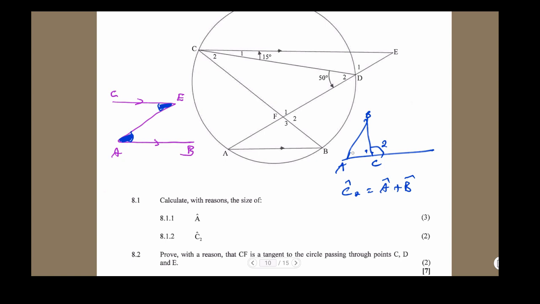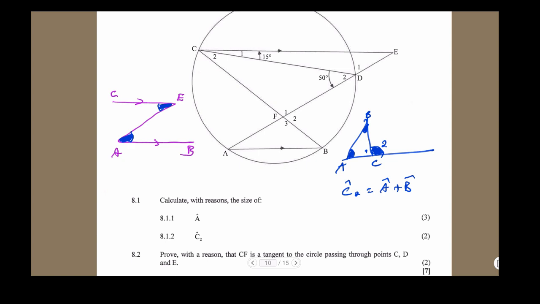This is the interior angle and this is the interior angle. This is a theorem that we learned in grade 9. This big angle here is equal to the sum of these opposite interior angles. So therefore we can find that E.